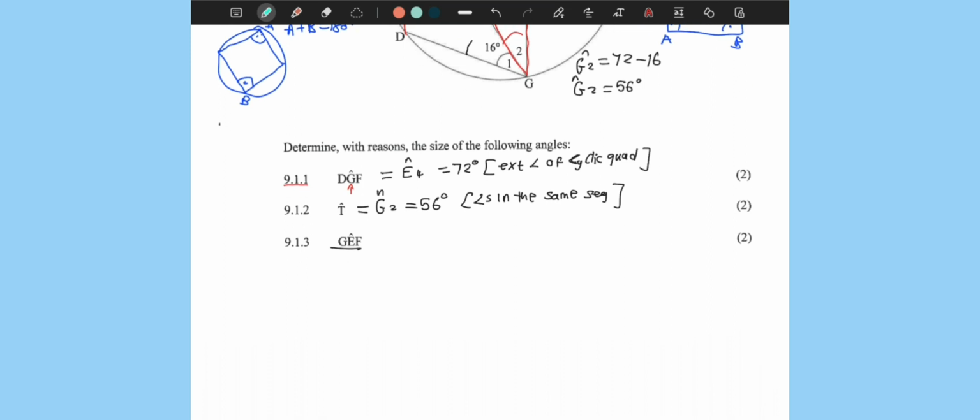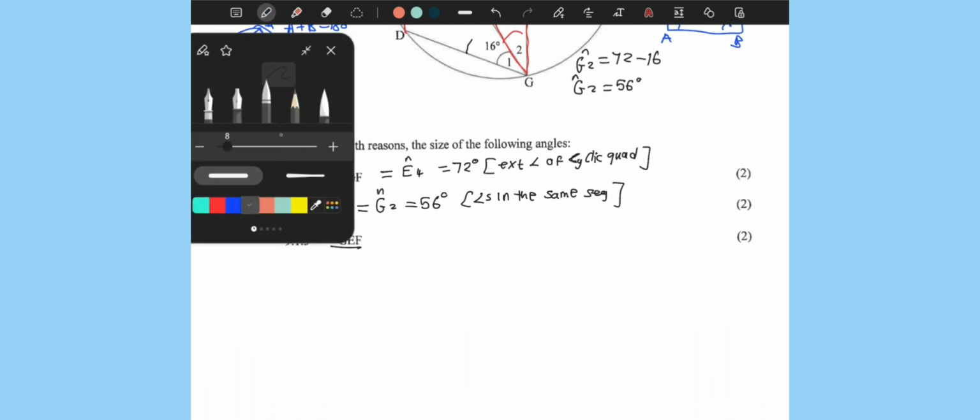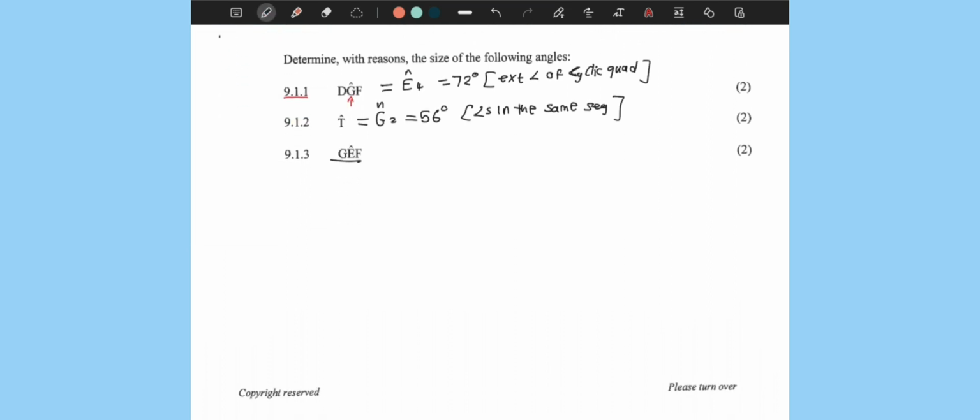Okay, so I need to write all the information here. So I'm just going to say this E1 is equal to G2, equals to this 56. I'm writing 56 here.